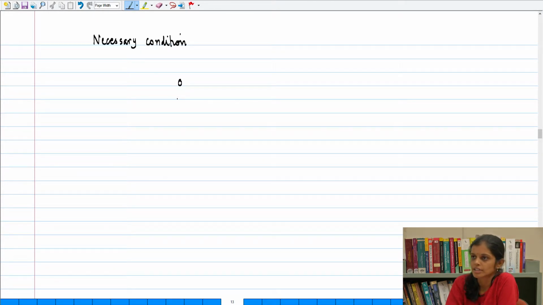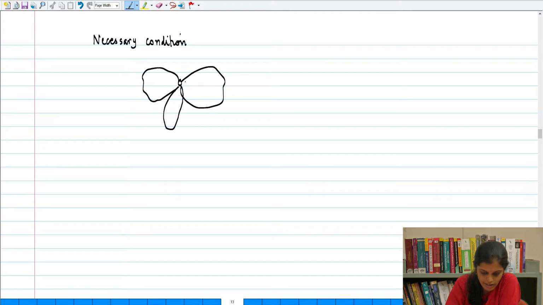A vertex whose removal disconnects the graph into 2 or more components, right? So let's say that there is this cut vertex. So just to make sure that this looks like a cut vertex, this is the way it looks like. So as soon as I delete this, I am going to split the graph into multiple components. Now can a Hamiltonian graph have such a cut vertex? No. So why?